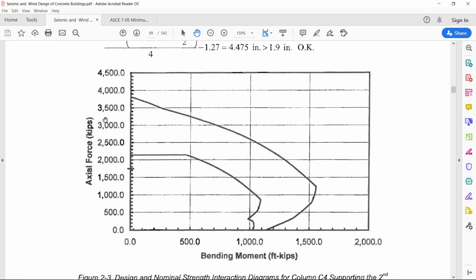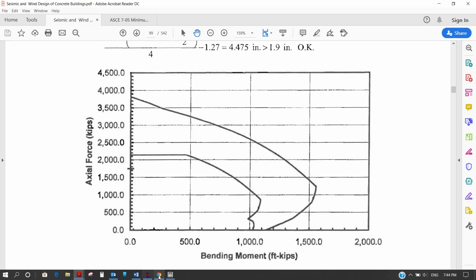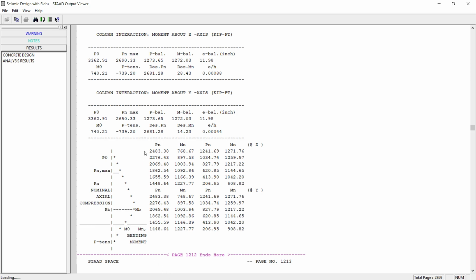Then if we see this interaction diagram, P naught comes out to be something around 3,700, 3,800 or so, and in our case it shows P naught 3,362 kips, which is in line with the values.